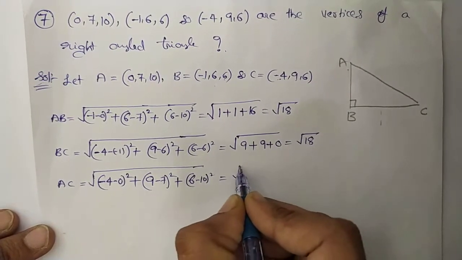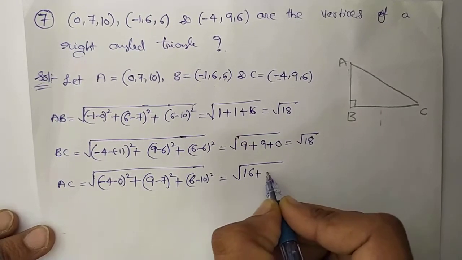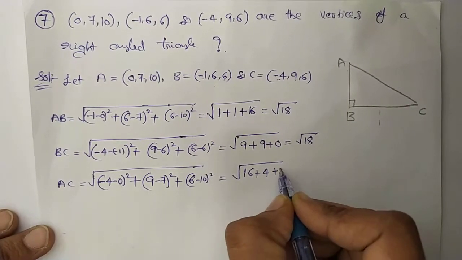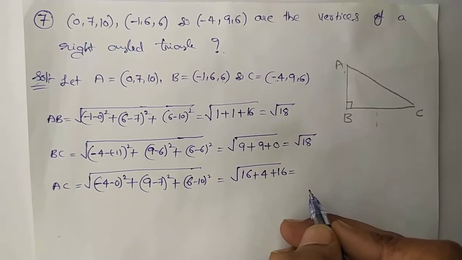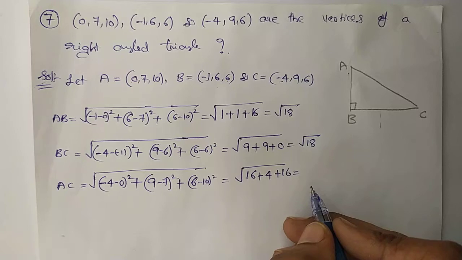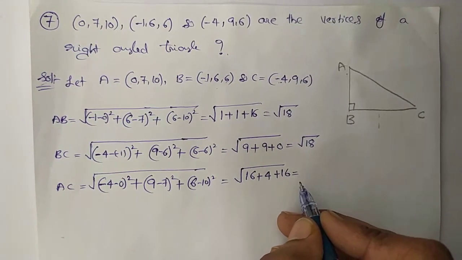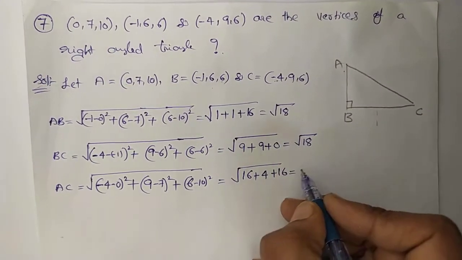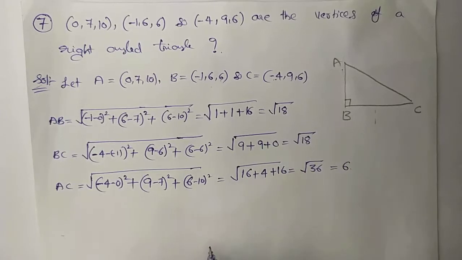That is the square root of 16 plus 4 plus again 16. 16 plus 4 is 20, 20 plus 16 is root 36, that is equal to 6.